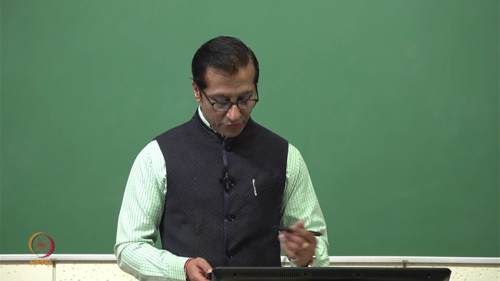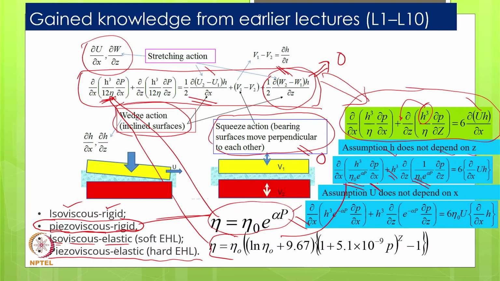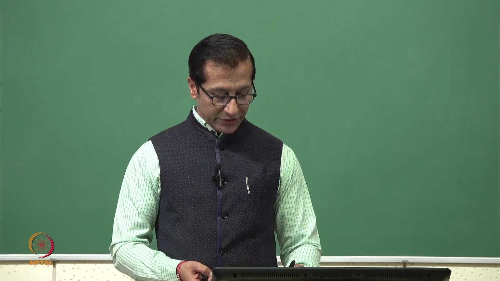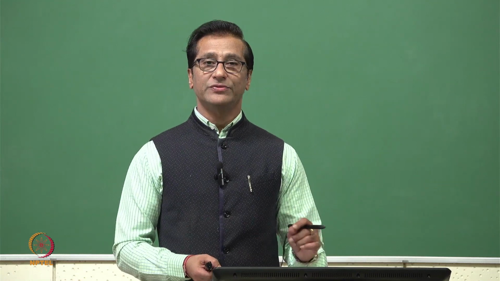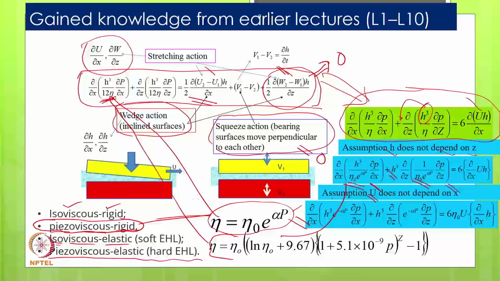Now one more, we say that u also does not depend on x. It's not an elastic surface, because if there is rubber, even the x direction velocity will change because of the elasticity. However, we are assuming the surface is not elastic, and u will remain constant, the same value at different values of x. So that's why we say the assumption u does not depend on x.